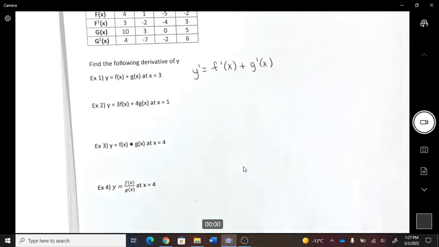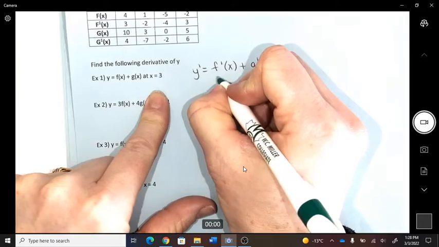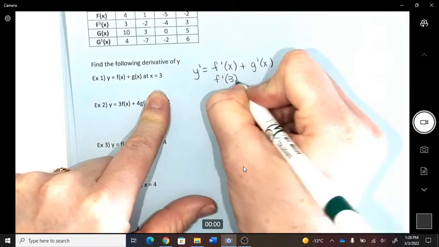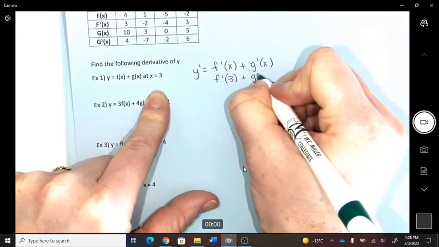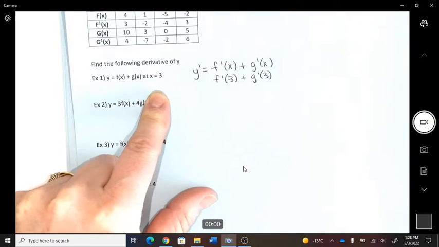Okay, so we knew that. Now it's specifically saying at x equals 3. So what is the f prime at 3? What's the g prime at 3?